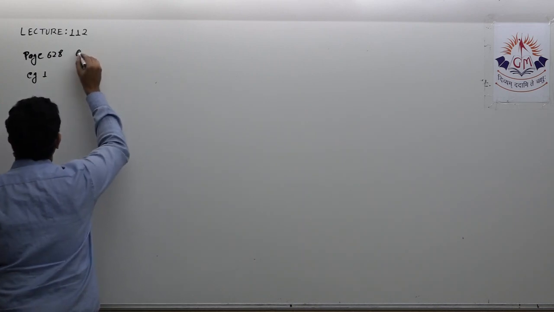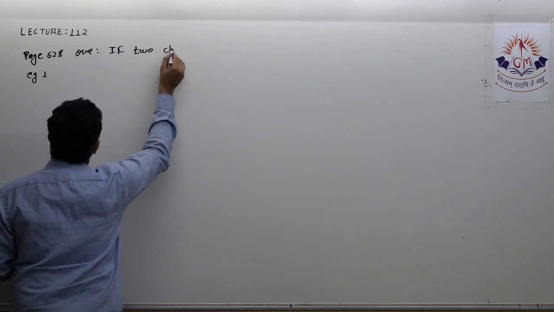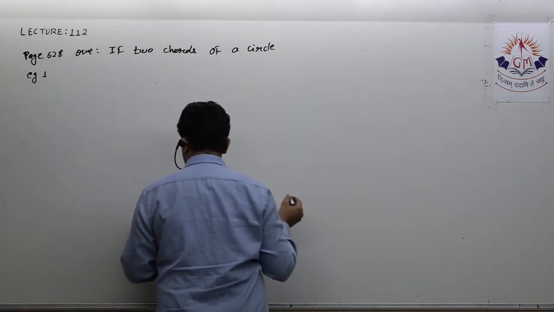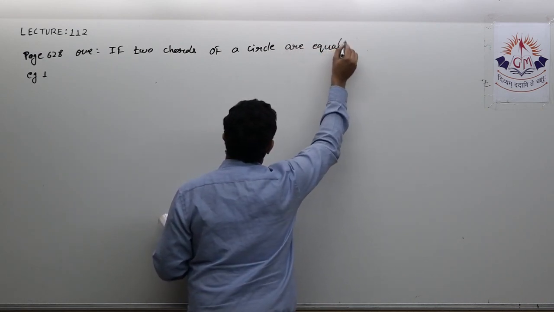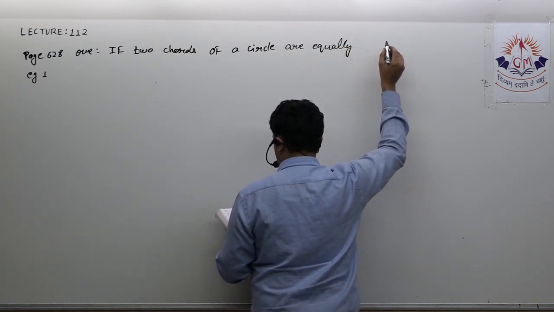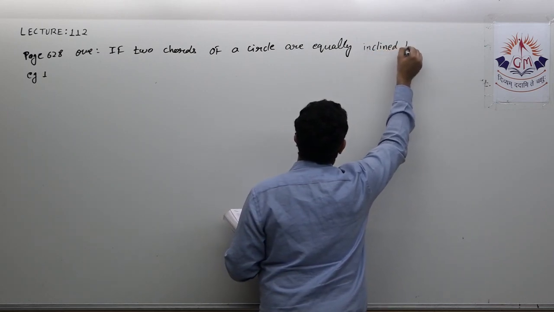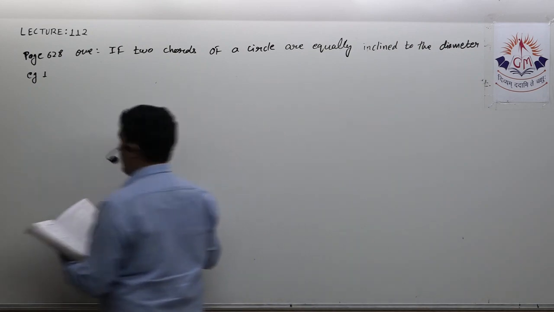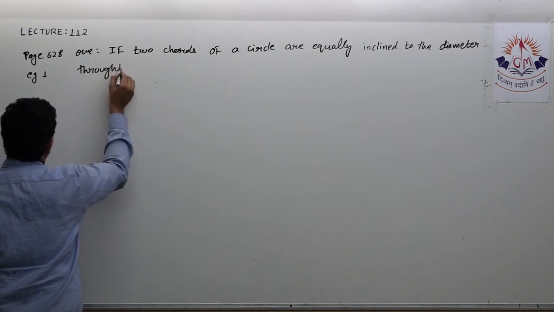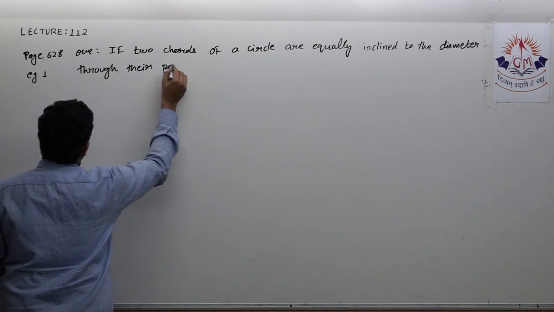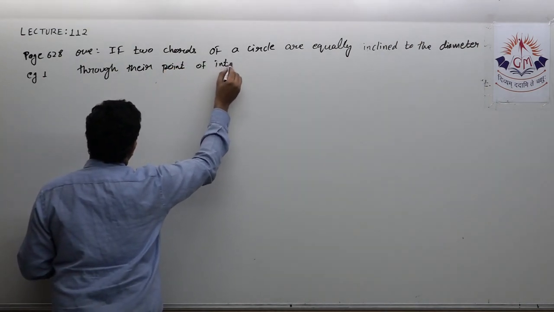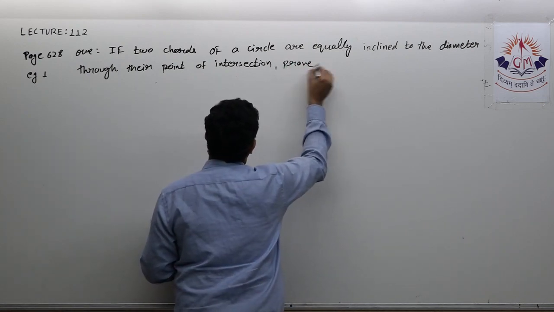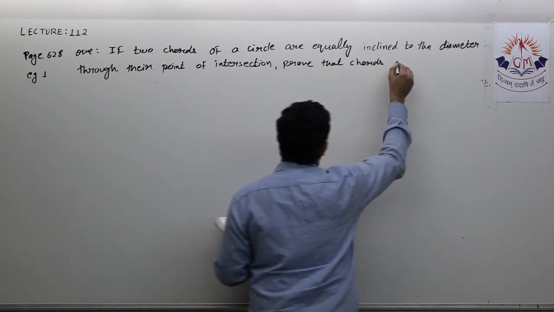If two chords of a circle are equally inclined to the diameter through their point of intersection, prove that the chords are equal.